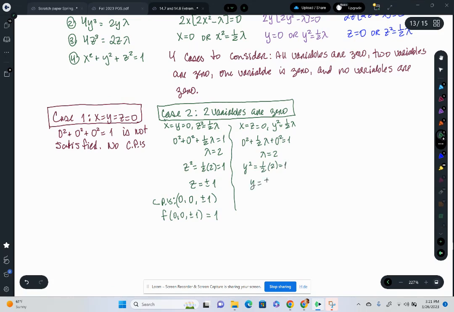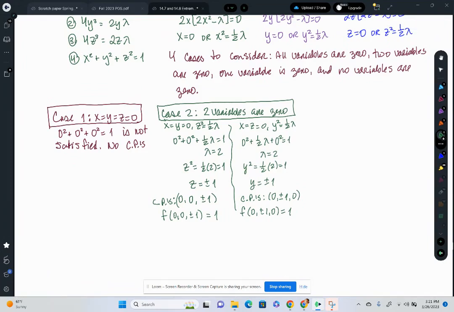So y is equal to plus or minus 1. So the critical points here are 0, plus or minus 1, and 0. This gives us the exact same function values. F of 0, plus or minus 1, 0 is going to give us just plus or minus 1 raised to the fourth power, which is 1.